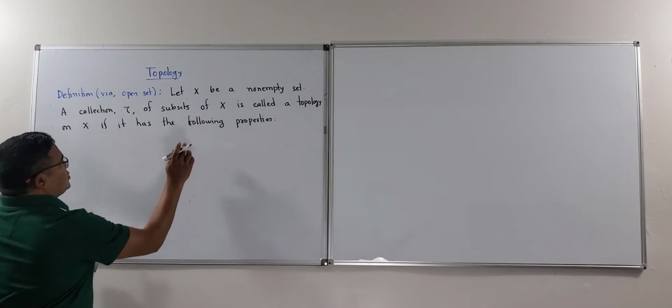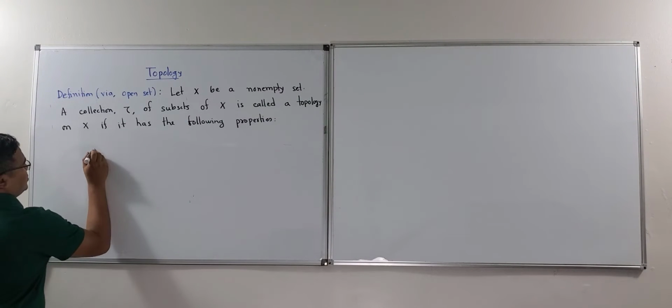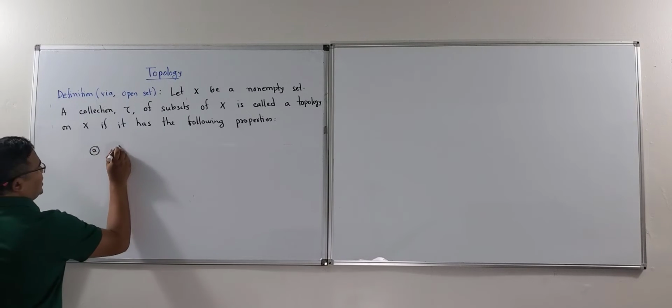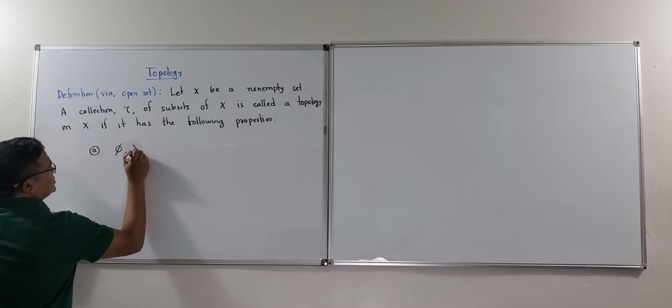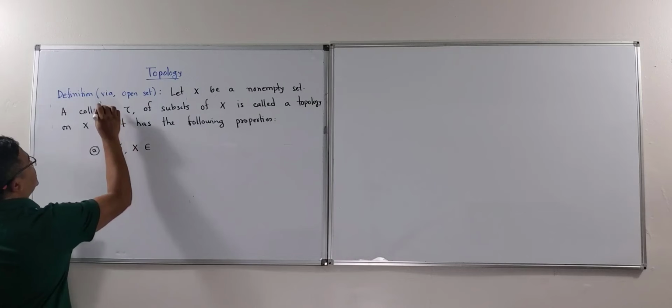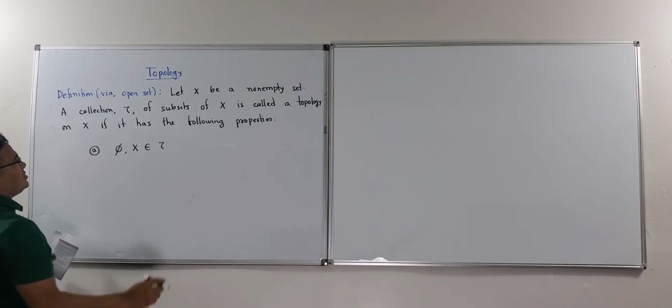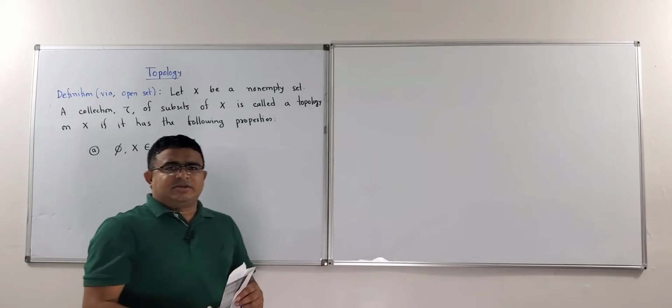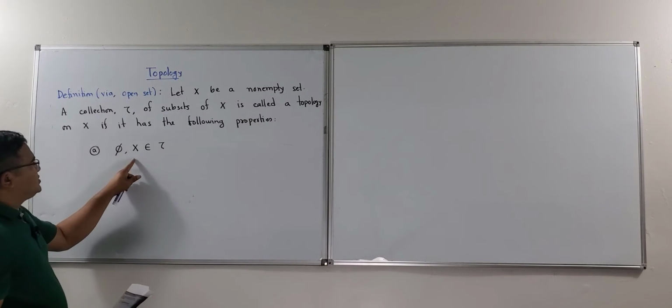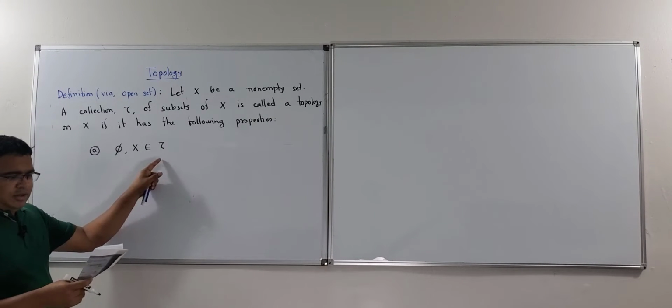So what is the first property? The first property is the empty set and the whole set should be in tau. In the collection of subsets, the empty set and the whole set should be in that.